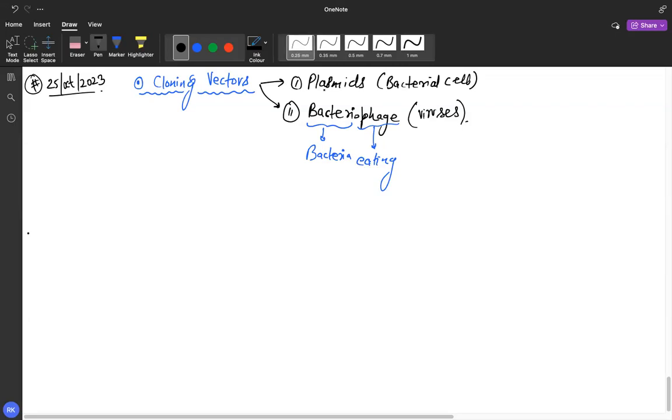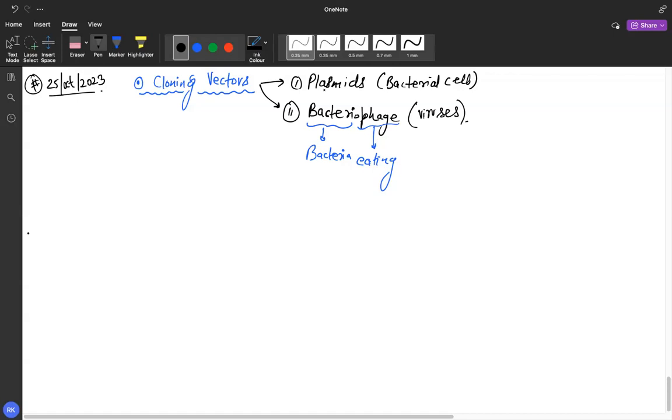Now both of them have origins of replication of their own, and some plasmids only have two or three or a few copies inside a cell, which means they have very few. Their origin of replication can only make very few copies, so that's called copy number.